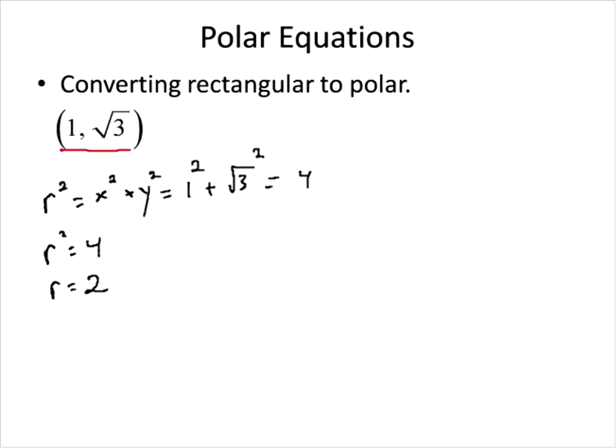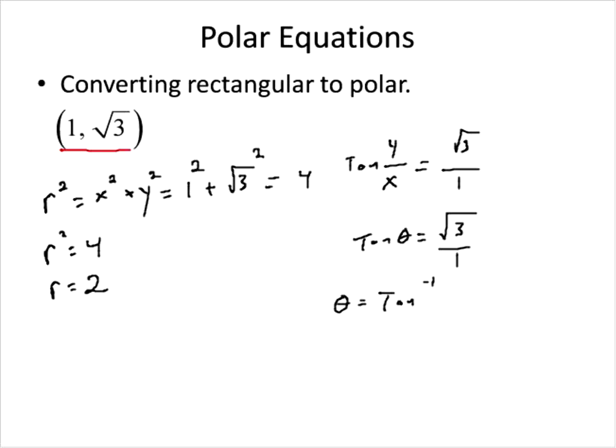Okay, I found r. Now I need to find the angle. Well, the easiest way to find the angle is to remember that the tangent is equal to y over x. So tan theta is equal to the square root of 3 over 1. So theta will be equal to the tangent inverse of the square root of 3 over 1, or just the square root of 3.